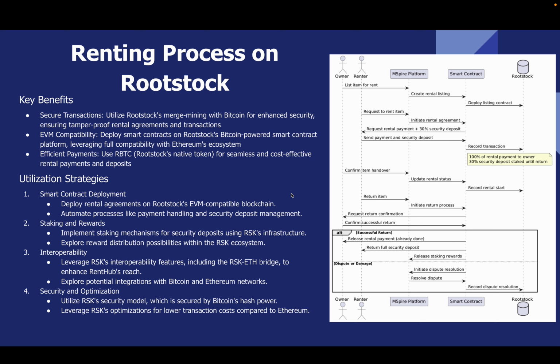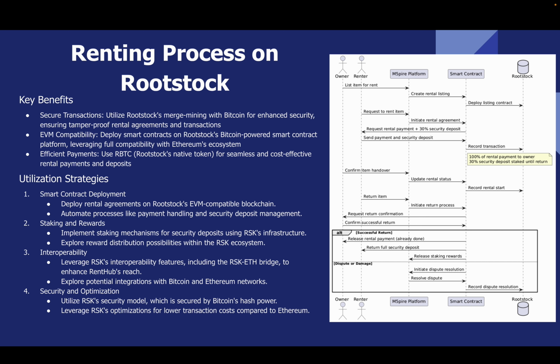Let me walk you through our renting process and how it will look on Rootstock. First, the owner will list an item for rent on our platform, and then it will create a rental listing. Once the listing has been created, it will generate the smart contract and deploy the listing contract on Rootstock.